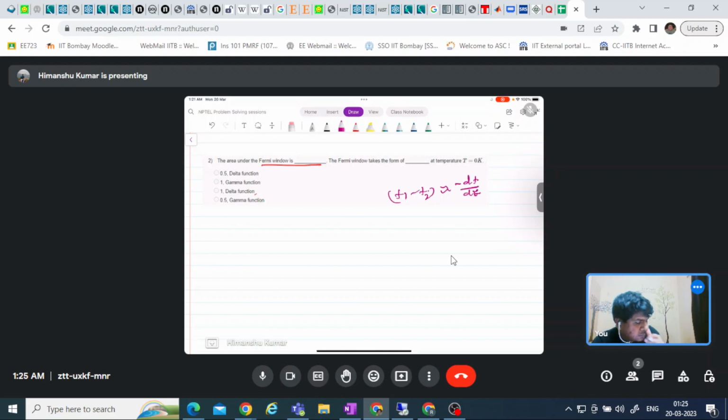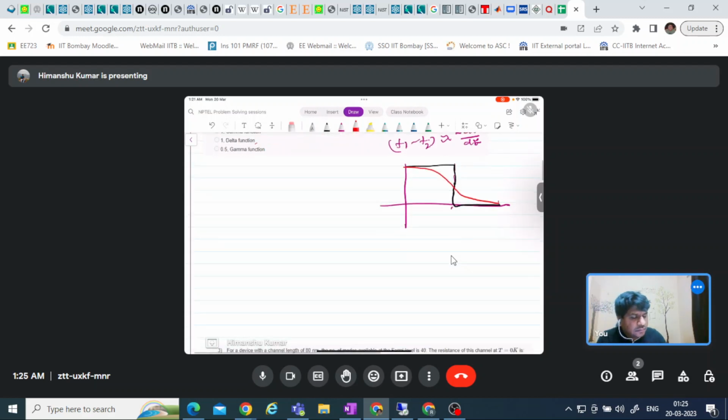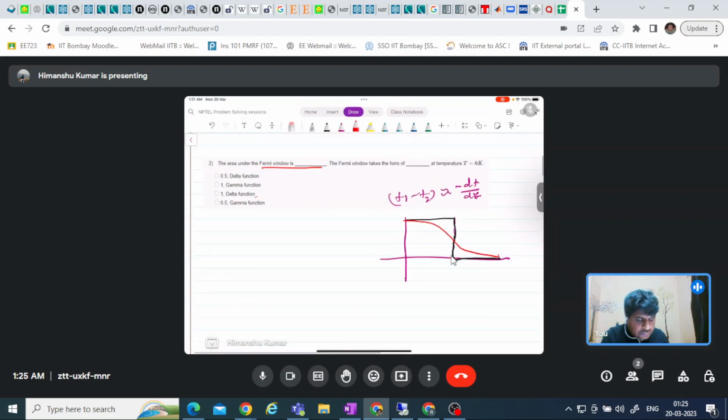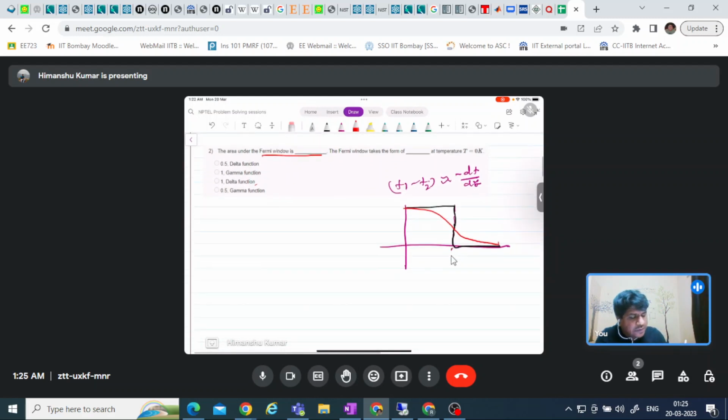If we take this Fermi function, at temperature T equals 0 it looks like this. As the temperature is increased, it will become like this. So the area under this curve, the slope of this function, is what we need to calculate.